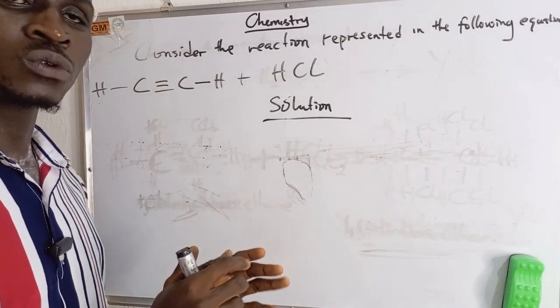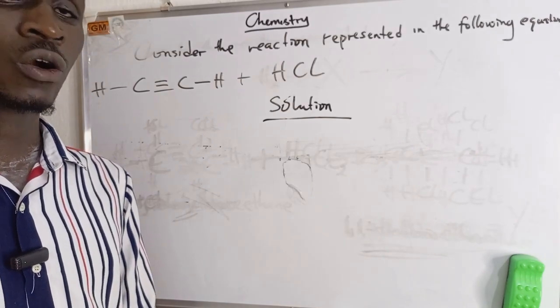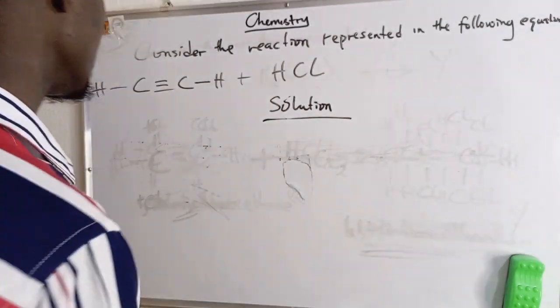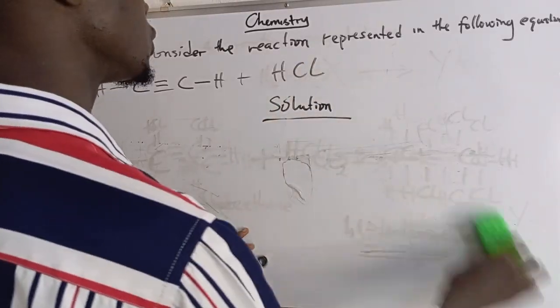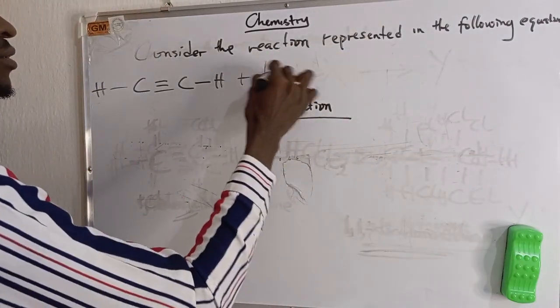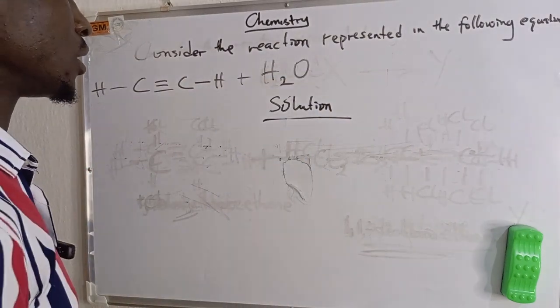The alkanal will be in equilibrium with the alcohol in the same system. Now let us see what will happen when we are trying to add water in the presence of a catalyst.